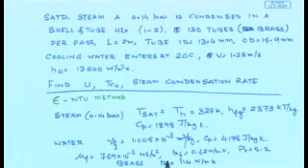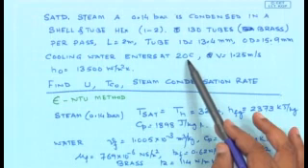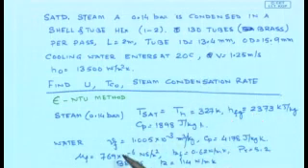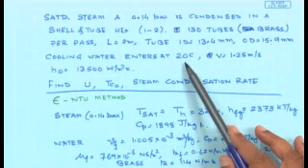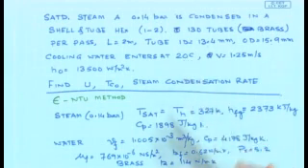Now, in order to evaluate the property of water, we only know the inlet temperature of the water. So, in order to find the average temperature at which all these properties are to be calculated, we can just assume a temperature, for example, the temperature of the outlet water is, let us say, 50 degree. So the average temperature would be 35, and we read all these values at 35.